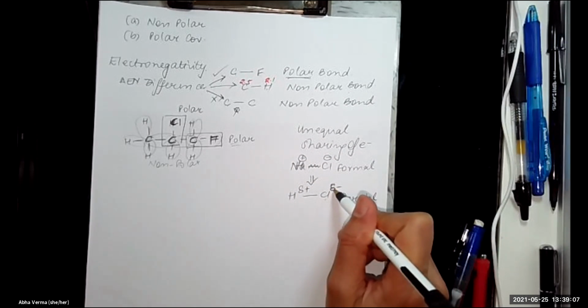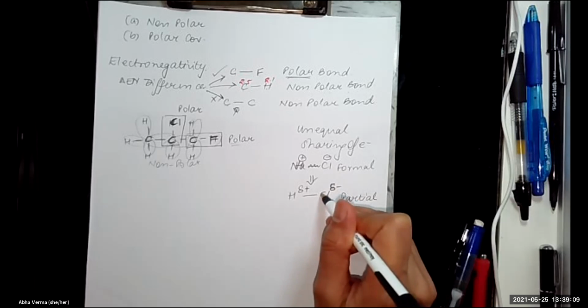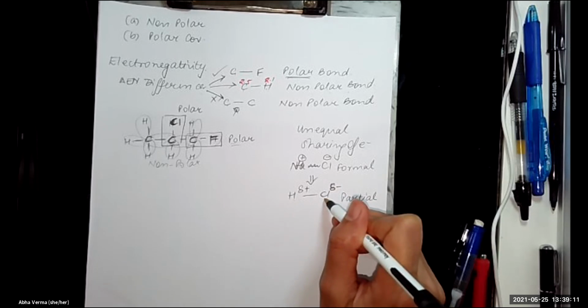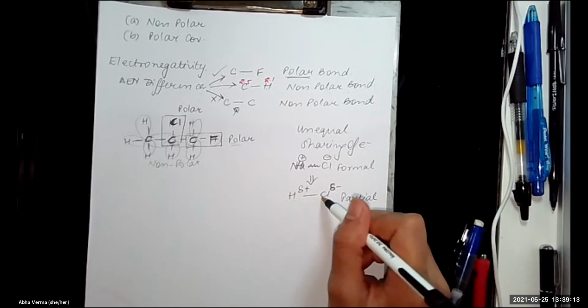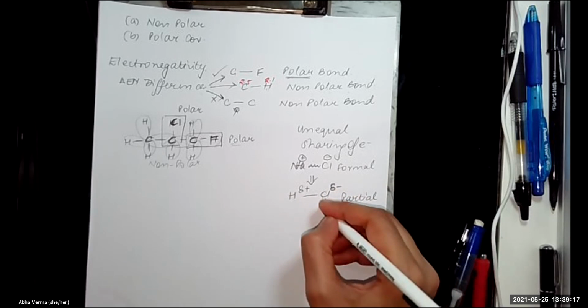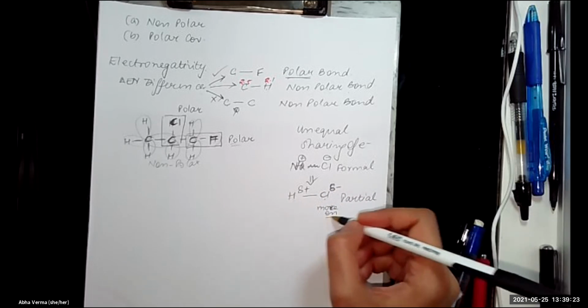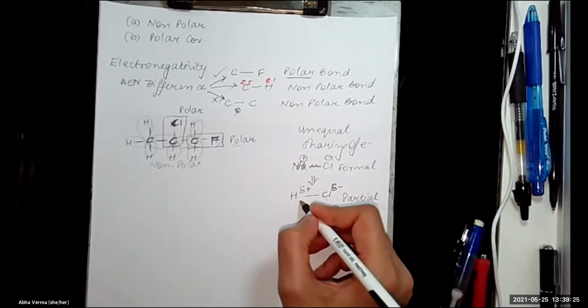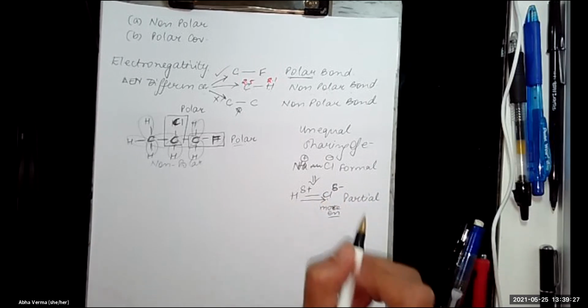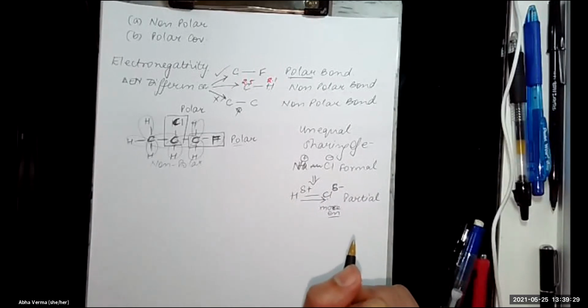Why is this a negative charge? Because among hydrogen and chlorine, the two atoms bonded by this bond, the chlorine is the more electronegative element. The more electronegative element pulls electrons towards itself.